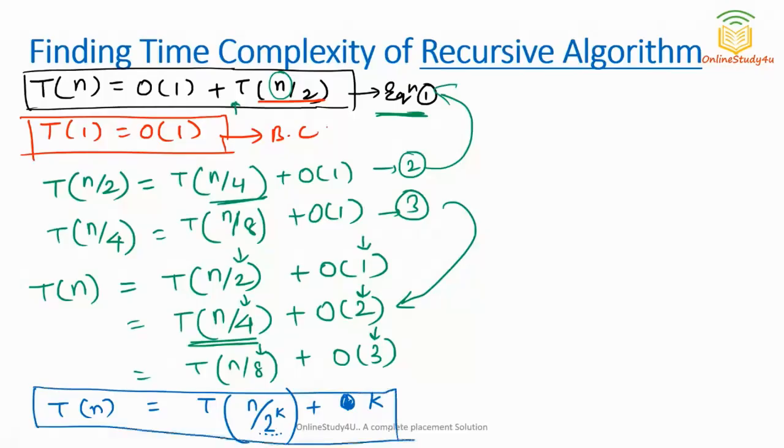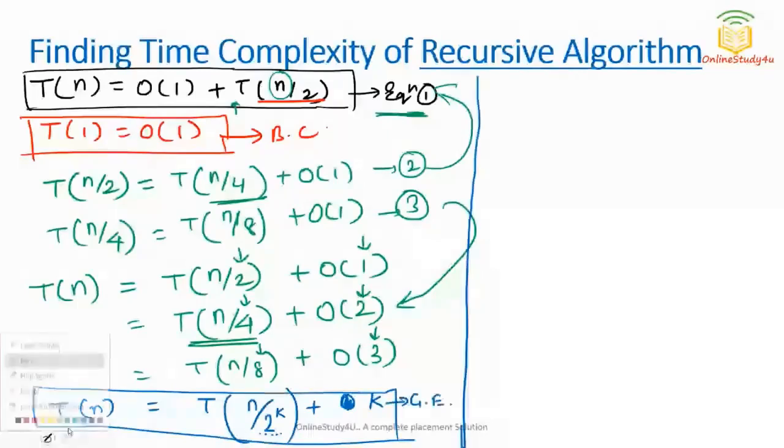Now what we have to do? You tell me what we have to do next, everyone. This is our general expression. So what is the next step? Compare with the base case. So we have to eliminate this term.